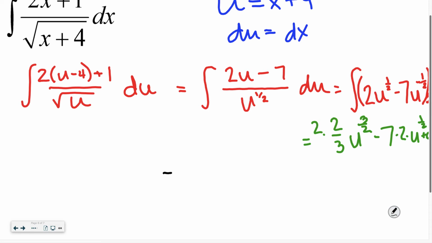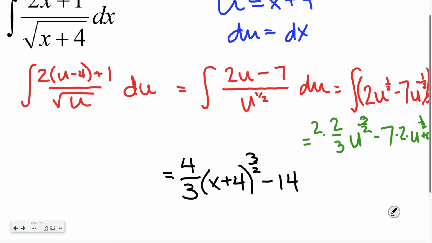And then we have to change it back into x's. So we have 4/3 (x plus 4) to the 3/2 minus 14 (x plus 4) to the 1/2 plus c. Boom.